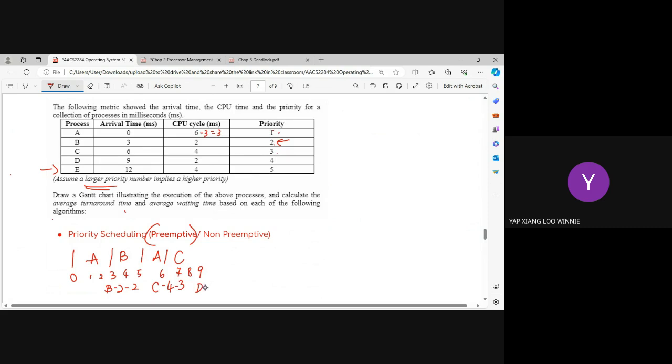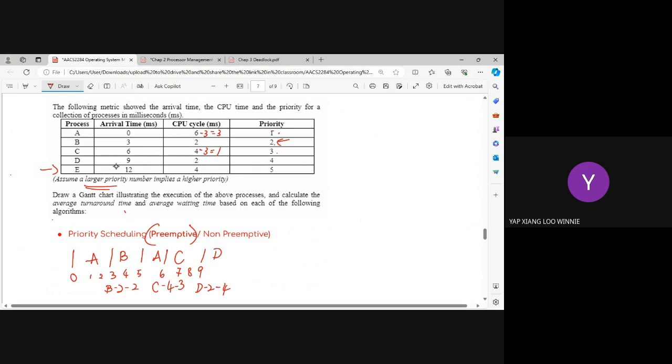D is 2 millisecond of CPU cycle, but the priority is 4. 4 is bigger than 3, right? C only has 3. Even though C already executed for 3 millisecond and has only 1 millisecond left, the CPU is going to let process D go because D has a higher priority.